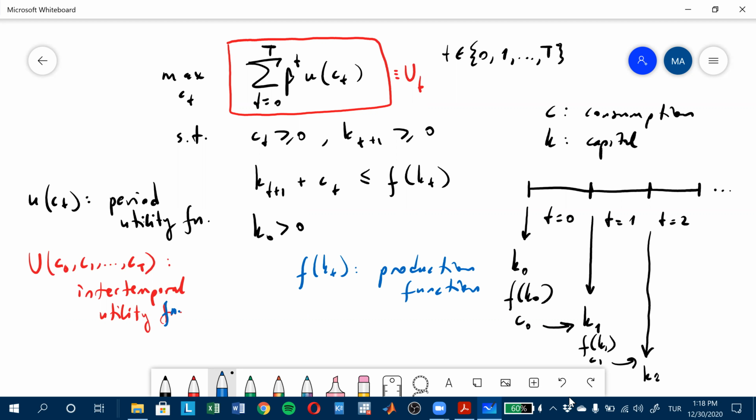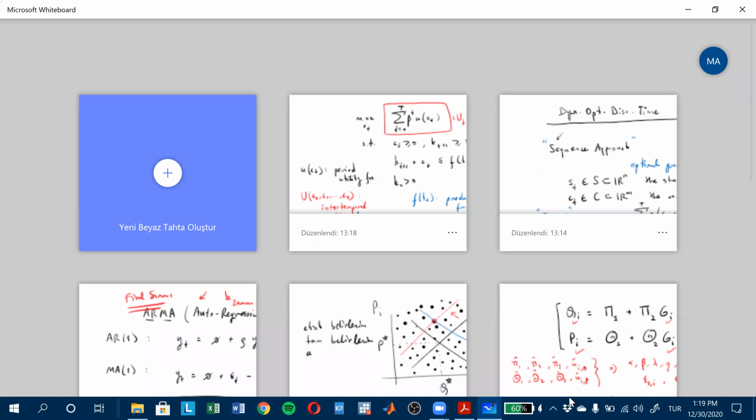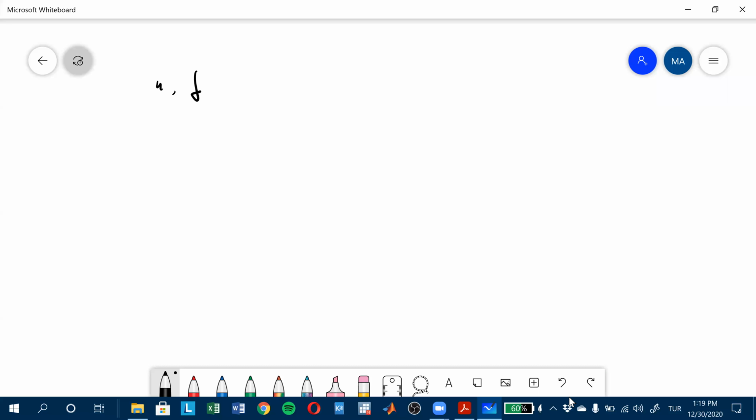So how do you solve this problem? Of course, we require that U and F are well behaved. What does it mean? Let's say U is increasing, the second derivative is less than 0, so it is strictly concave. F is increasing, the second derivative is less than 0, F is strictly concave.